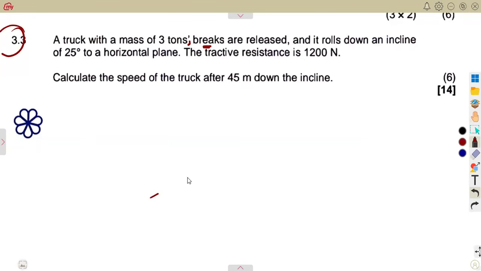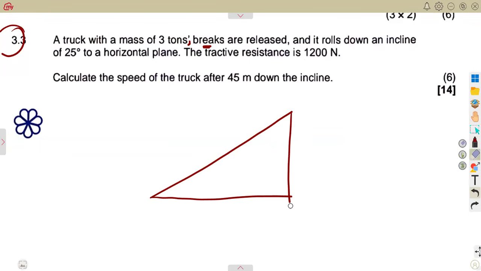I talked about this: if you are given an incline like this and the brakes are being applied, it means we have a starting point here. Let's say this is where our truck is. At this point, it is initially at 0 meters per second. Take note, guys, when the brakes are released, it starts to go down this way.